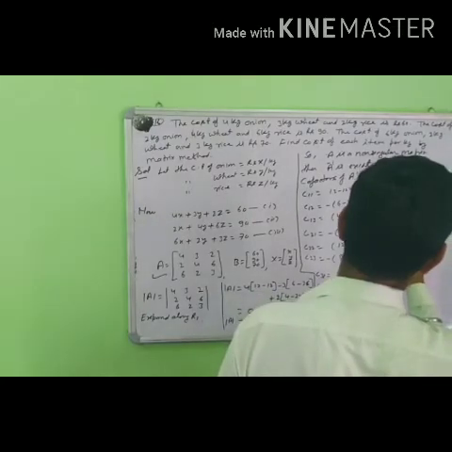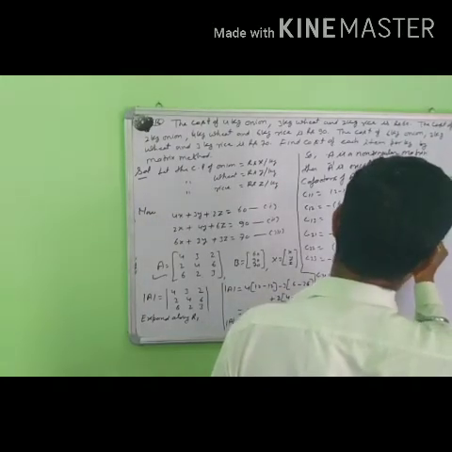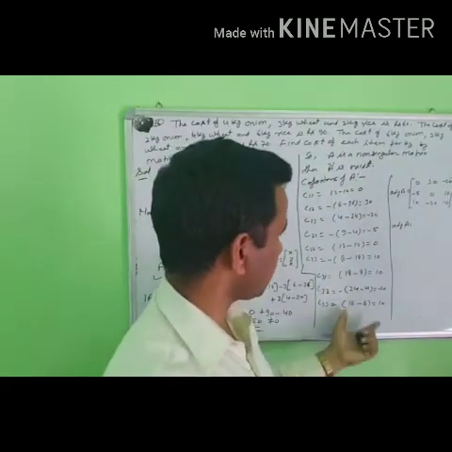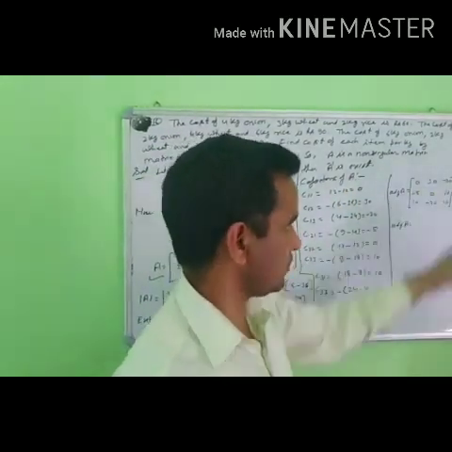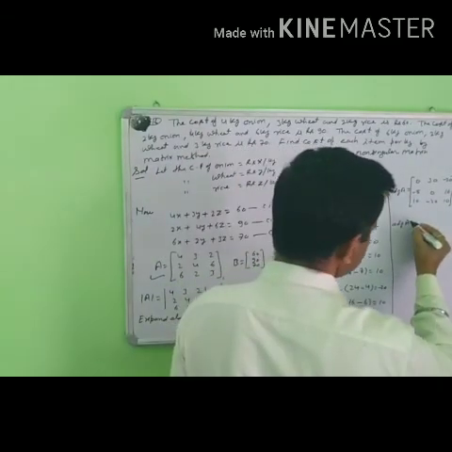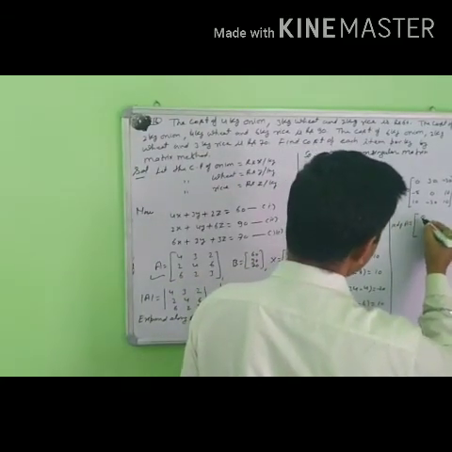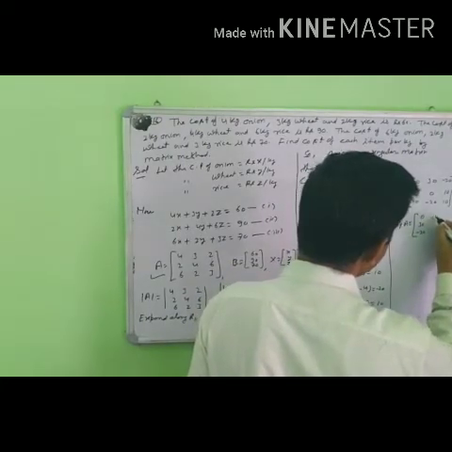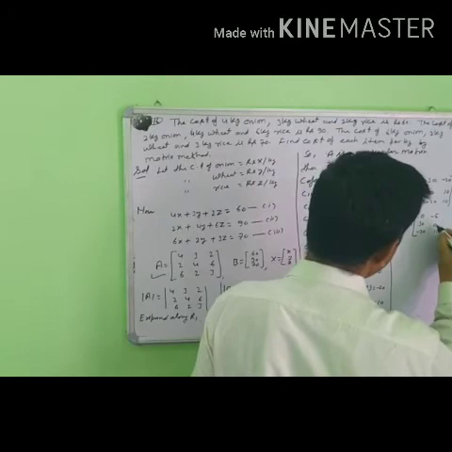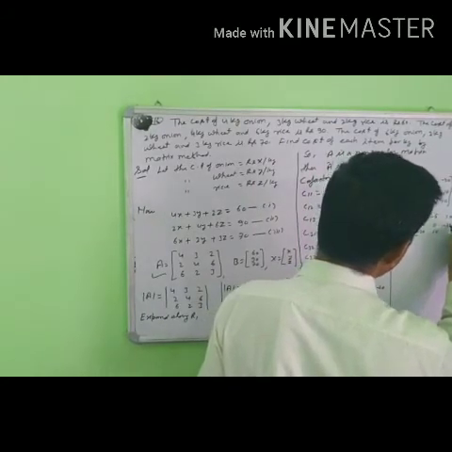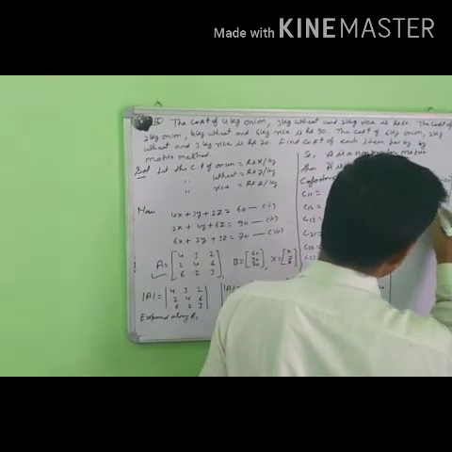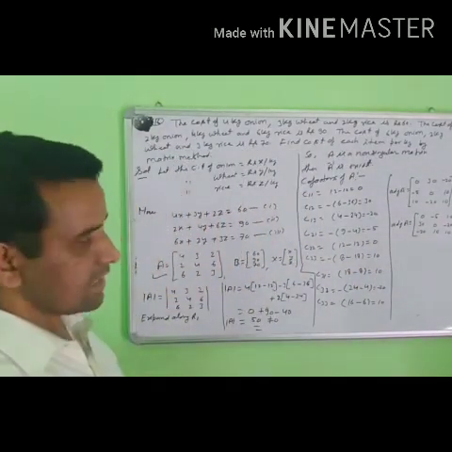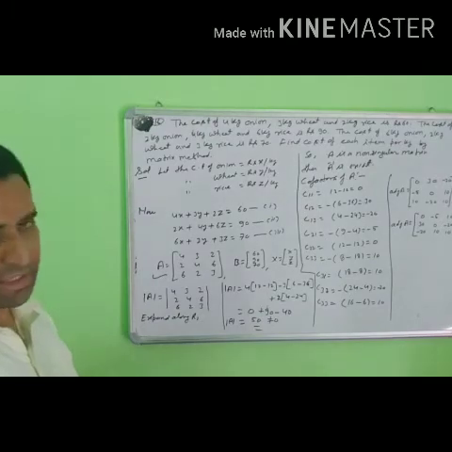Now I am converting the cofactors to matrix form and finding the transpose: 0, 30, minus 20; minus 5, 0, 10; 10, minus 20, 10. This row converts to this column. This is your adjoint A. After that, we'll find the A inverse.